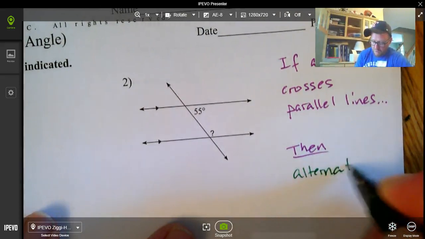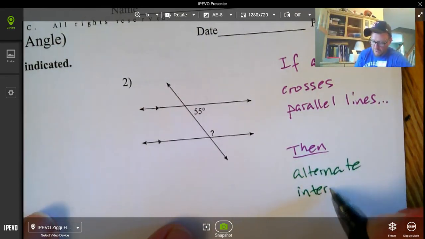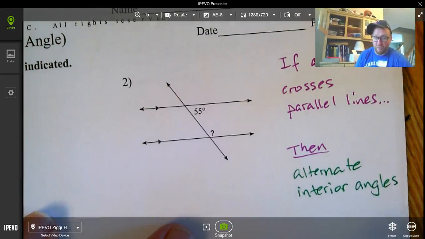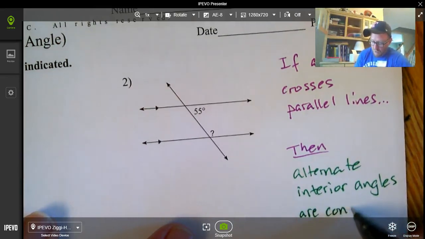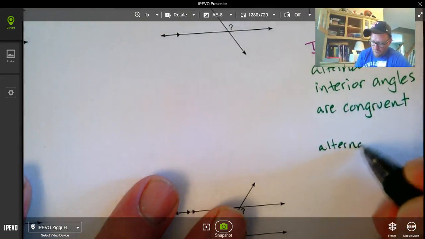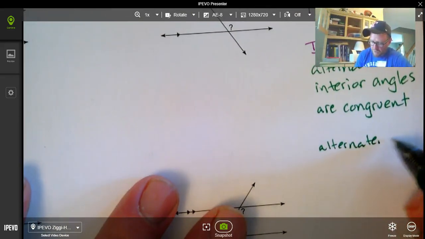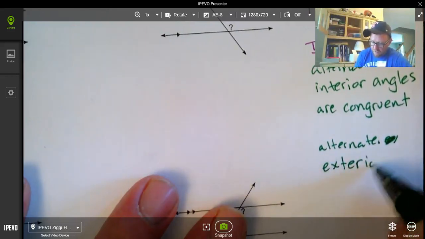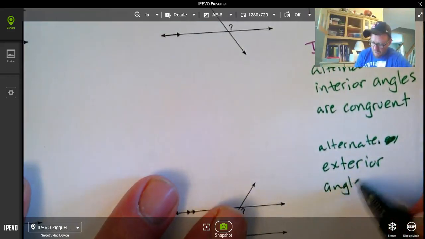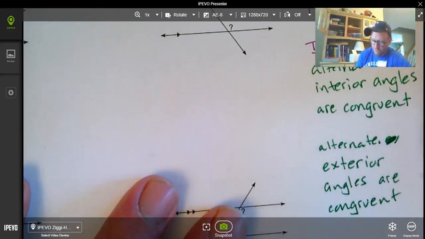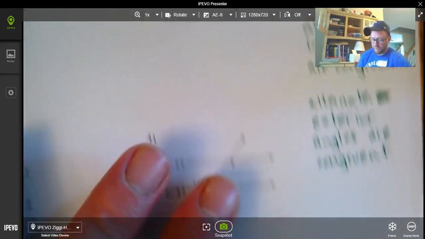Alternate interior angles, we've looked at these before, are congruent. Alternate exterior angles are congruent. We looked at alternate exterior angles.